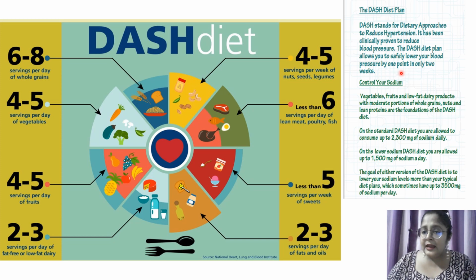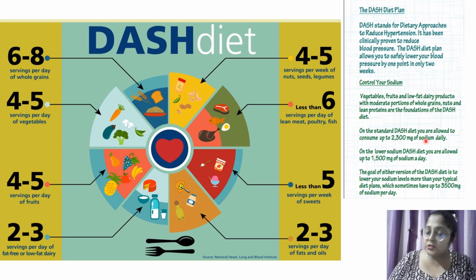Controlling sodium is one of the important points over here. Vegetables, fruits, and low fat dairy products, as I've shown, along with whole grains, nuts, and lean proteins. Of course, please focus on lean protein as the foundation of the DASH diet.